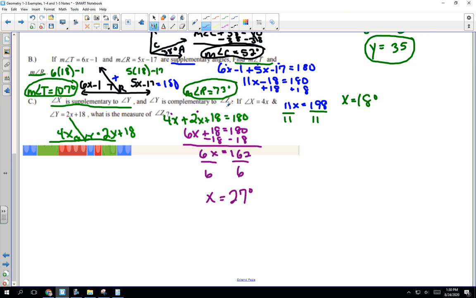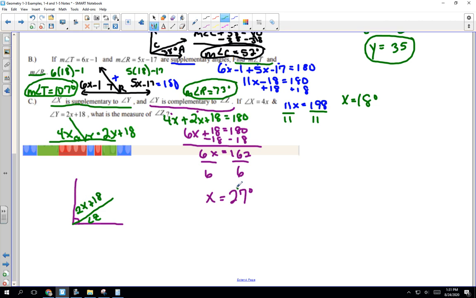So now we can take care of Z. Angle Y is complementary to Z, so when we add them together, they equal 90. So remember, Y is 2x plus 18, and angle Z is whatever's left.